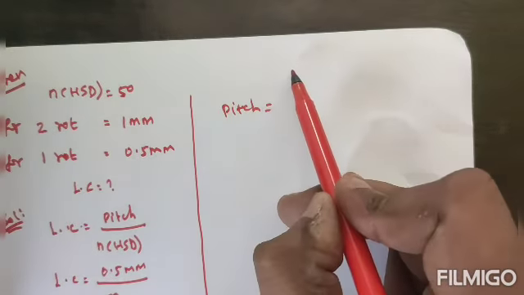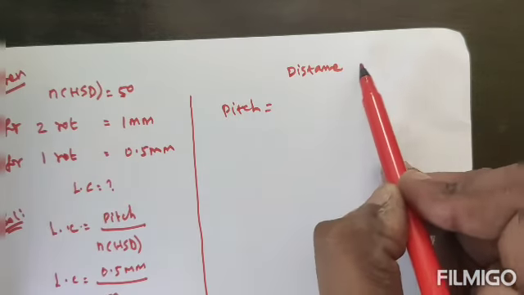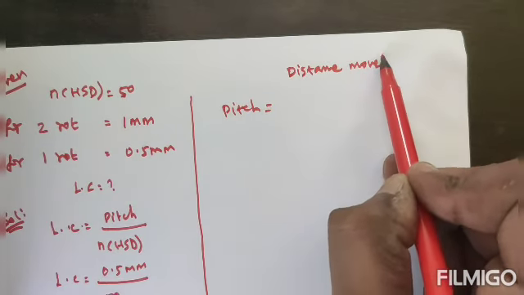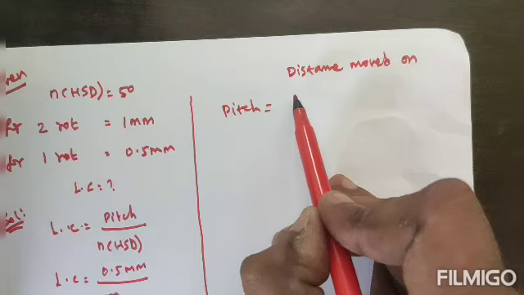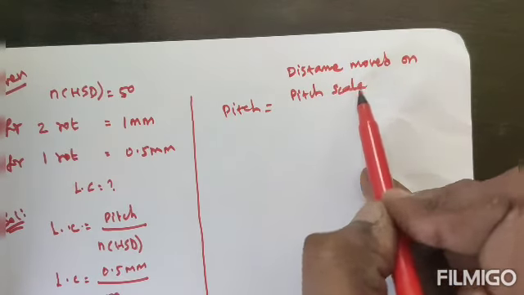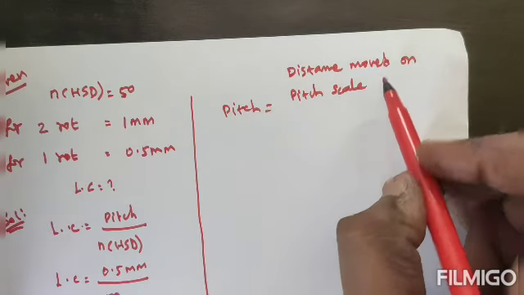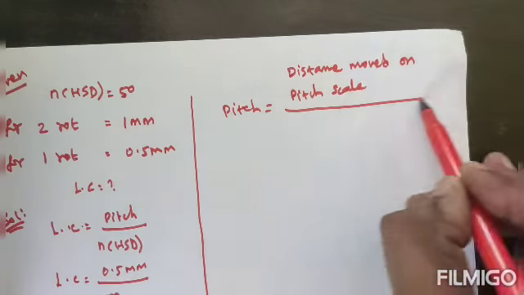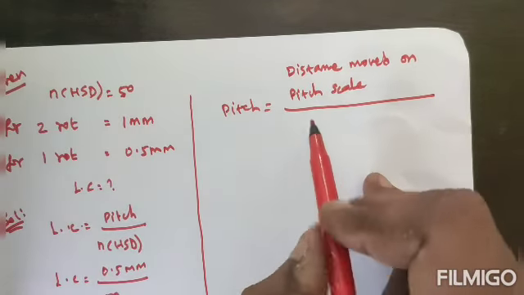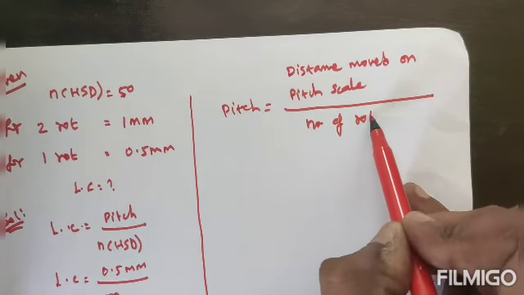You know the formula is distance moved on pitch scale divided by number of rotations.